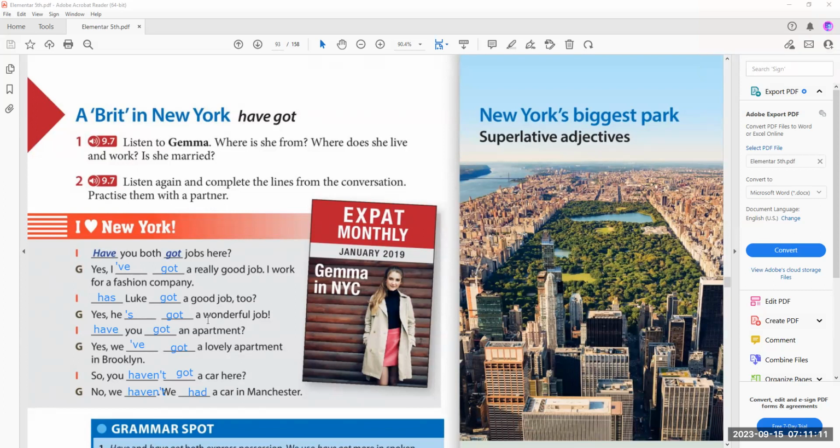"Have you both got jobs here?" "Yeah, I've got a really good job. I work for a fashion company." "Has Luke got a good job too?" "Oh, yes, he's got a wonderful job."